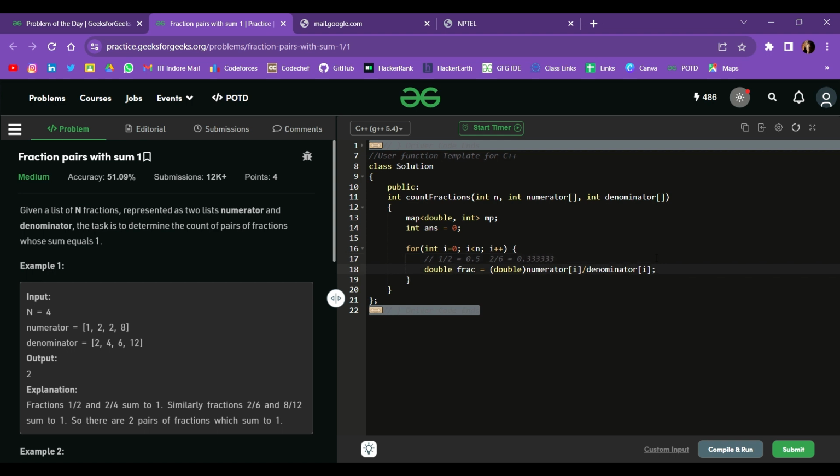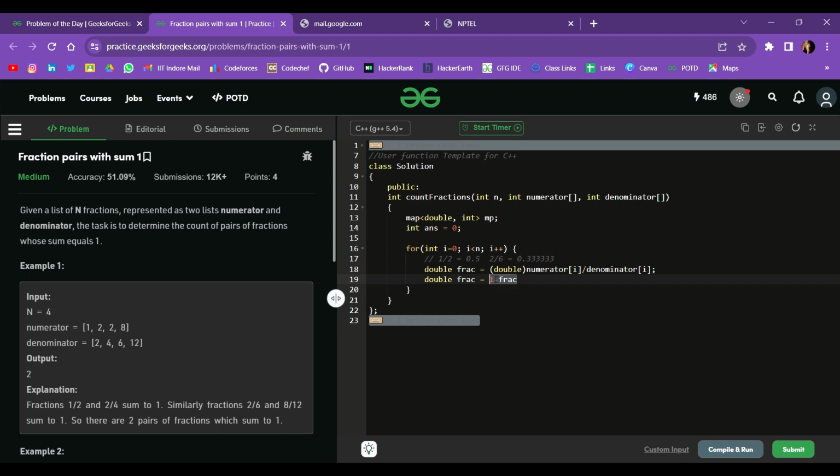Now next, to make it a sum of 1, I need 1 minus this fraction. So if I store a double as 1 minus fraction, I may get some error because there will be some floating point precision issue there. So instead of doing this, if I write 1 minus numerator by denominator and then we take LCM, it becomes denominator minus numerator upon denominator.